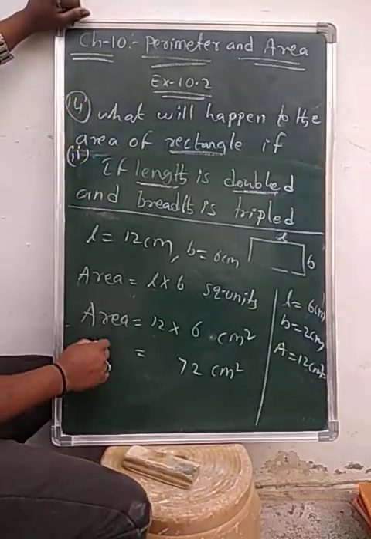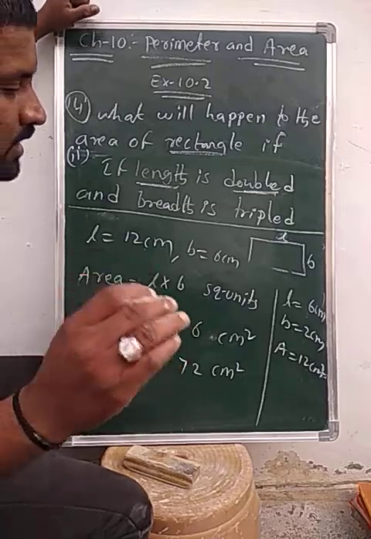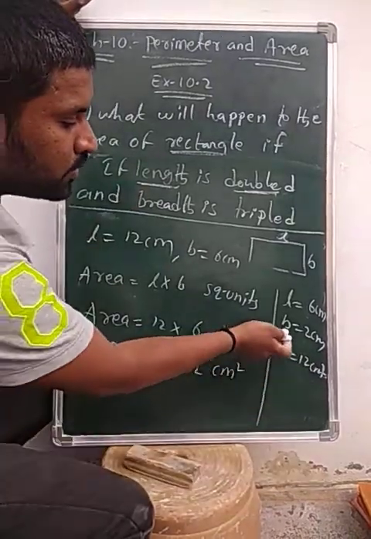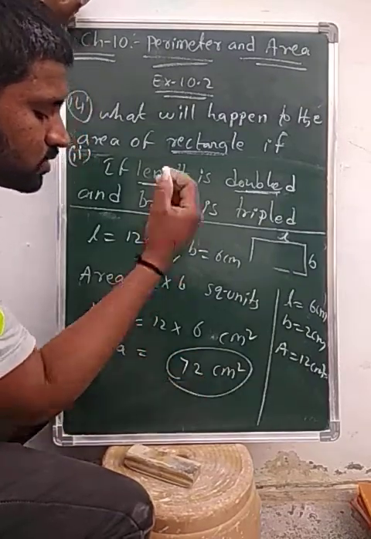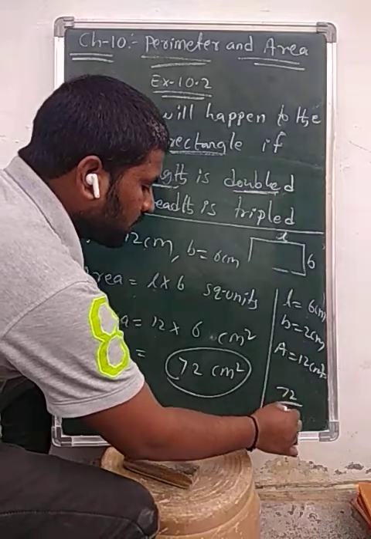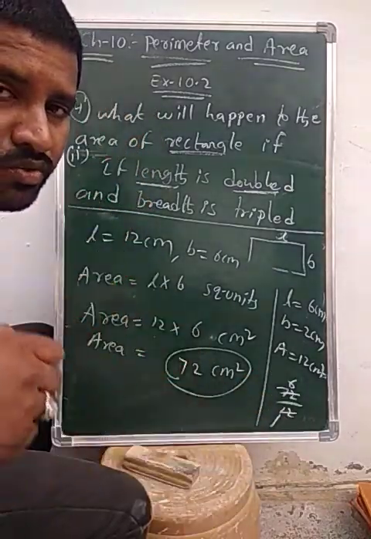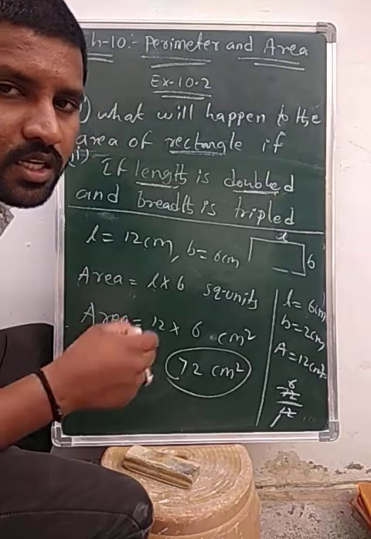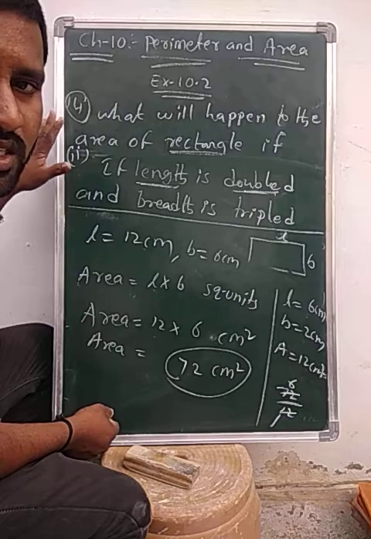Okay na? So what is the new area? When the length is doubled and the breadth is tripled, we get area equal to 72 square centimeters. Clearly we divide 72 by 12. 12 ones are 12, 6 times, that is 6 times its original area. So this is the required answer for the 14th one, first one and second one.